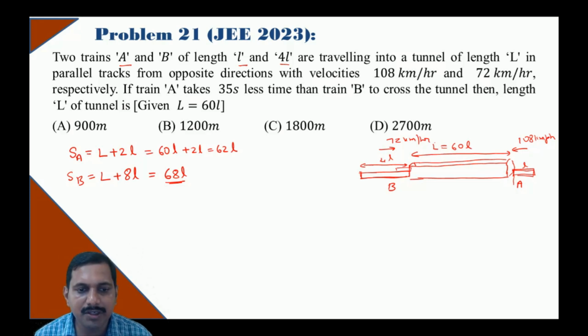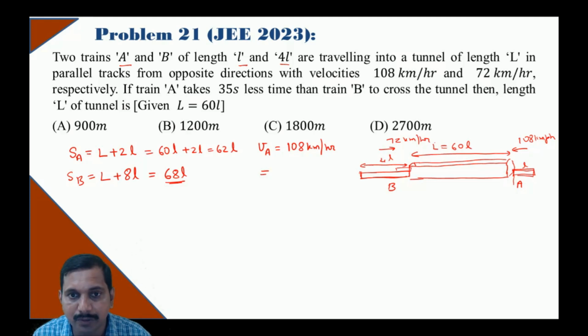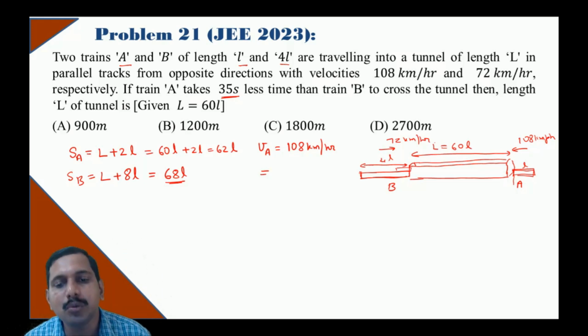Now another important point is velocity. Velocity of A is given as 108 kmph. When we convert this into meters per second, why should we convert into meters per second? Because here seconds is given, not hour. Hour will be a bit complicated to do. It's always better we convert it into meters per second.